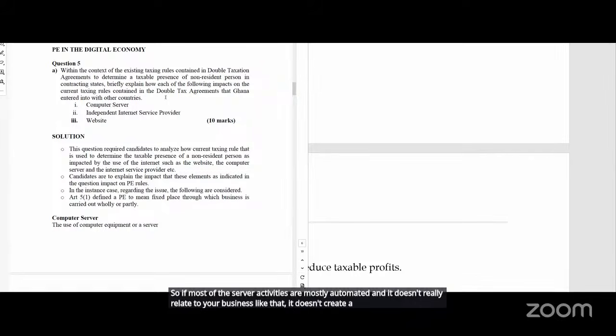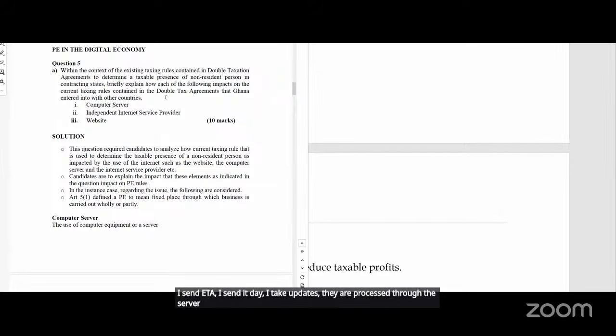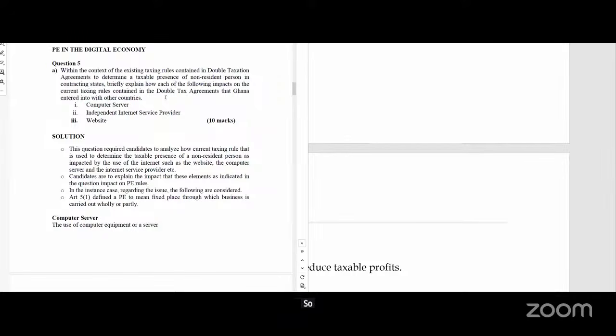But if, let's say, I am the one typing and the server processes it, then the server sends me, I receive the order, I go and pick up the order, I send it here, I send it there, they are processed through the server, then it looks more like the business of the enterprise is being carried on. True or false? True. So just the location of the server is not enough to create a PE. Something must follow the business of the enterprise and some sort of person doing something.